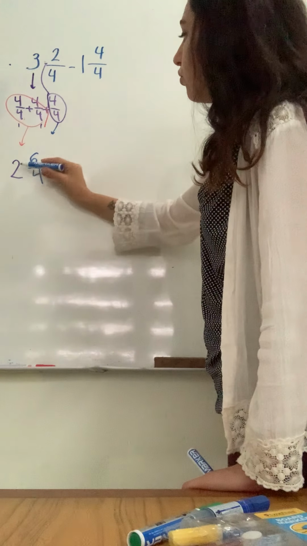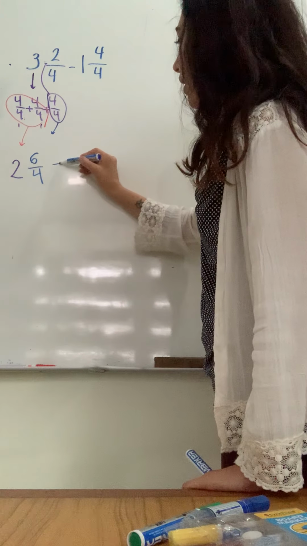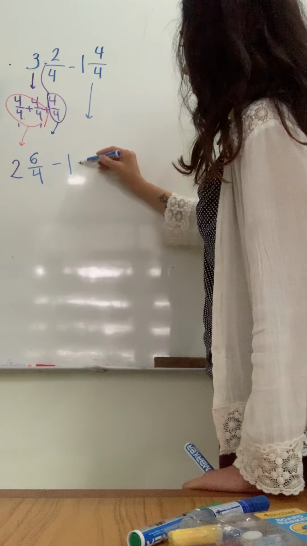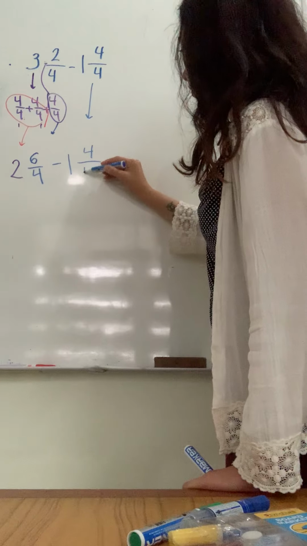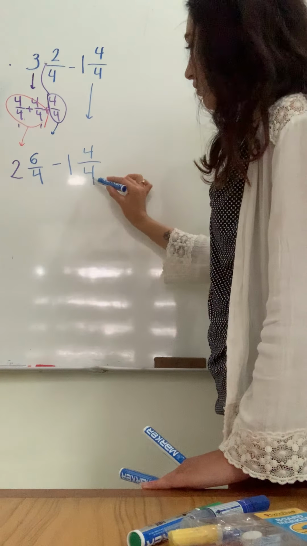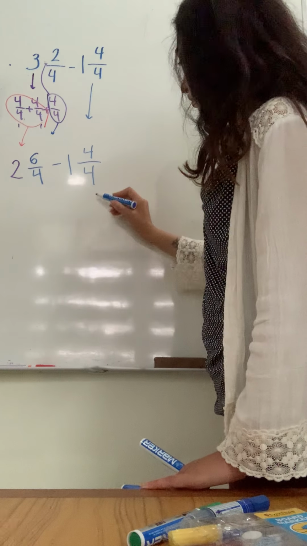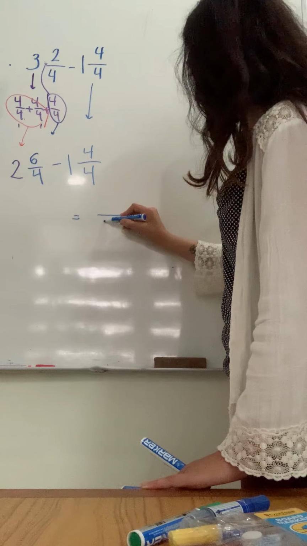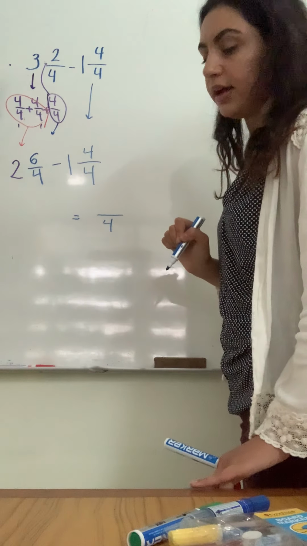Then we have 2 6/4 minus, we bring this down, 1 4/4. Let's check. Denominators are the same. So we put equal 4. Correct?